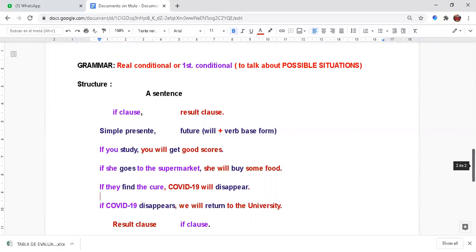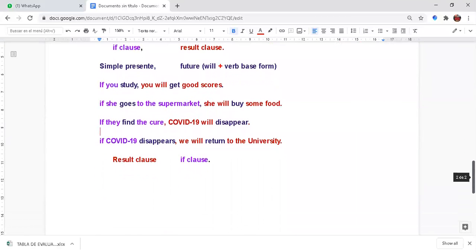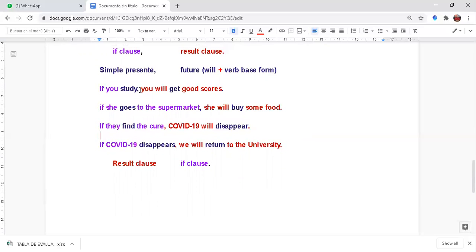Another way to organize the real conditional is like this. At the beginning I said if clause, result clause, but we can exchange positions. We can take the result clause at the beginning and the if clause at the end.